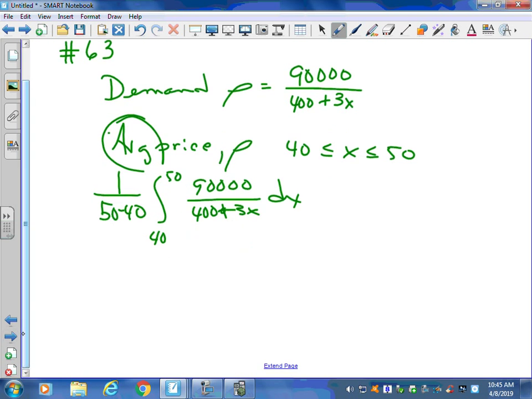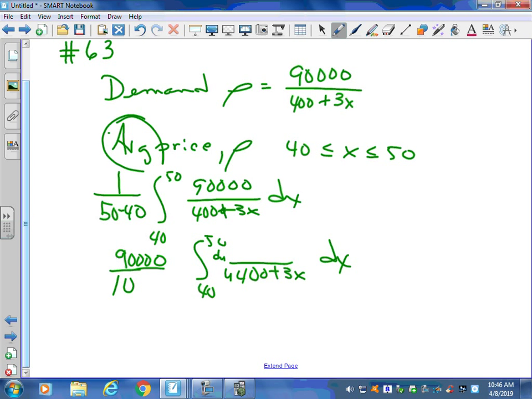Too high, nobody's going to buy. So this is 1/10. Now, does this 90,000 have anything to do with that? Well, let's take that 90,000 out and integrate it from 40 to 50. Now, what does have something to do with the derivative for our U to U work?